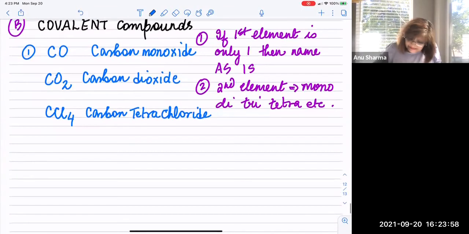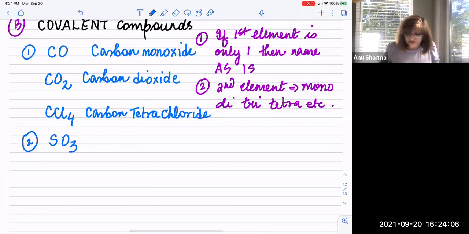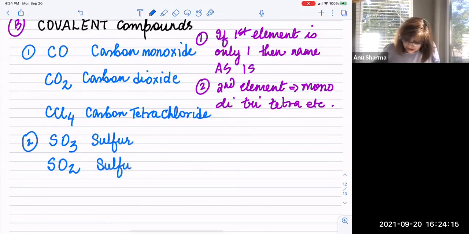Okay, next is, for example, sulfur with 3 oxygens and sulfur with 2 oxygens. So this is sulfur and sulfur, that name doesn't change, that remains the same. This becomes trioxide and that becomes dioxide.